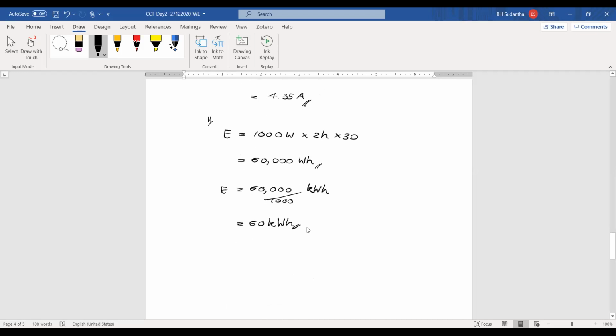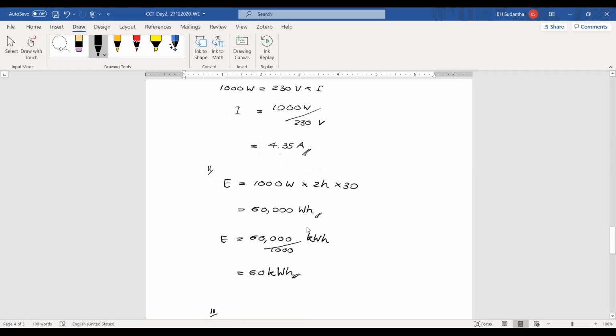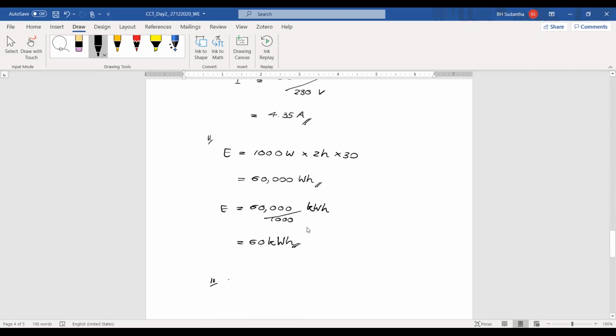Okay. If we convert this into joules, how many watt hours do we have? This is 60,000 watt hours. We can convert hours into minutes and into seconds.